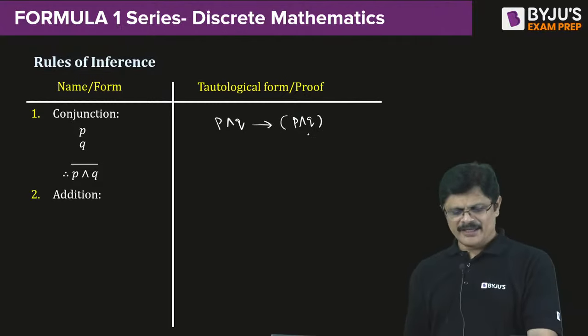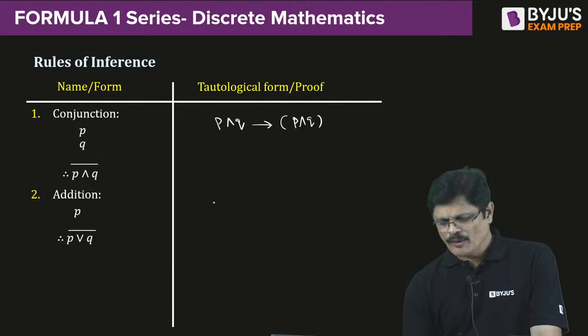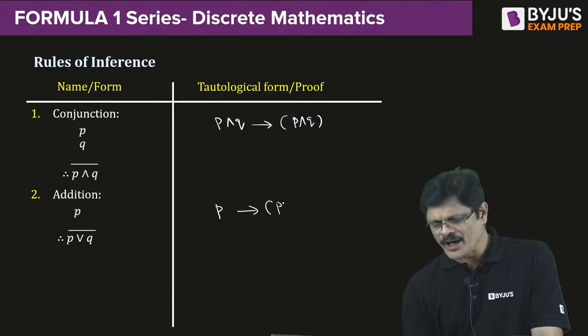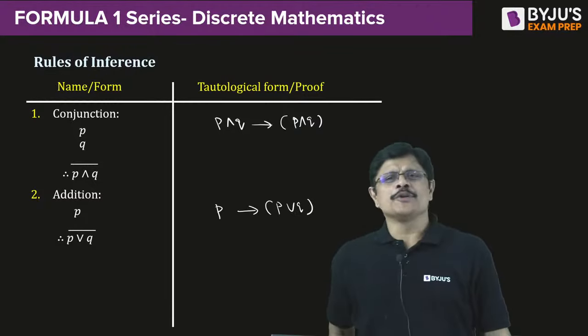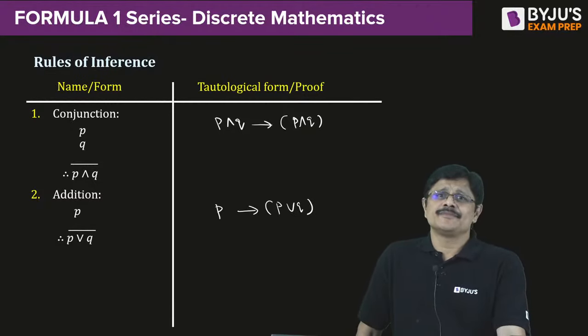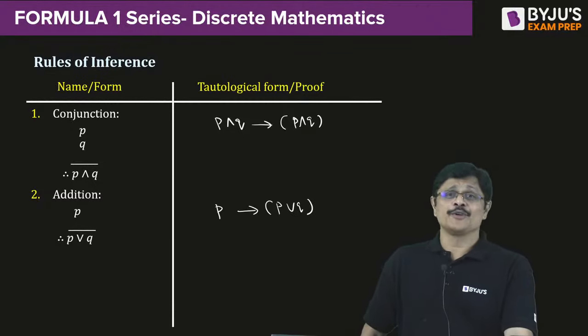The second one, addition rule: P implies P or Q. Later on I will be coming up with some crash course or marathon series, where I will be discussing these problems. You have to keep these rules with you.